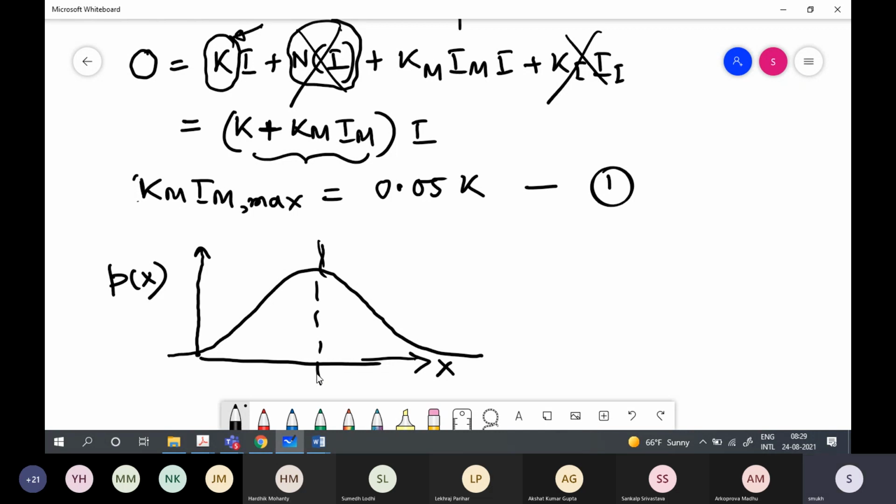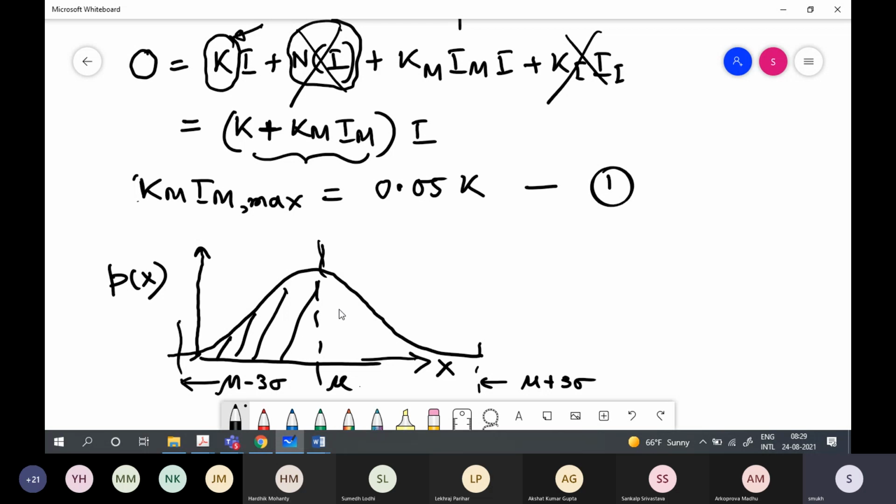That is strictly true. But if I am asking this question to an engineer, then the engineer will know that if this is mu, then between mu minus 3 sigma and mu plus 3 sigma there is 99% probability.